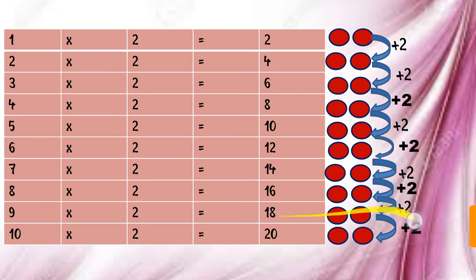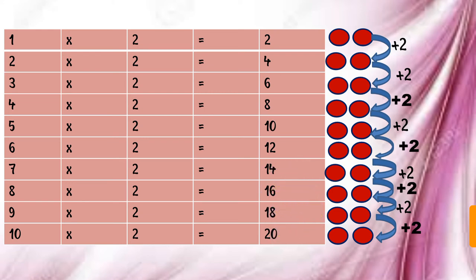And 18 plus 2 equals to 20. We can say it like this: 2, 4, 6, 8, 10, 12, 14, 16, 18, 20.